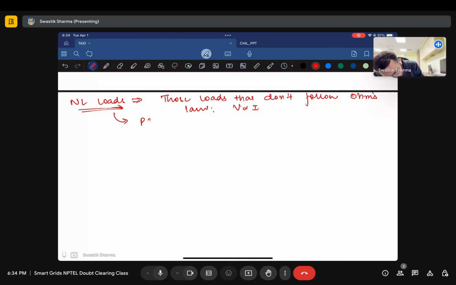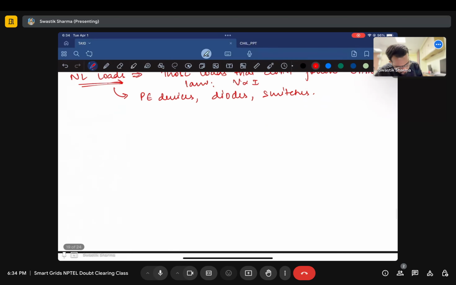These are your power electronic devices, your diodes, and your switches. So these are all your non-linear loads. And why am I saying they are non-linear? Let me just draw the graph.